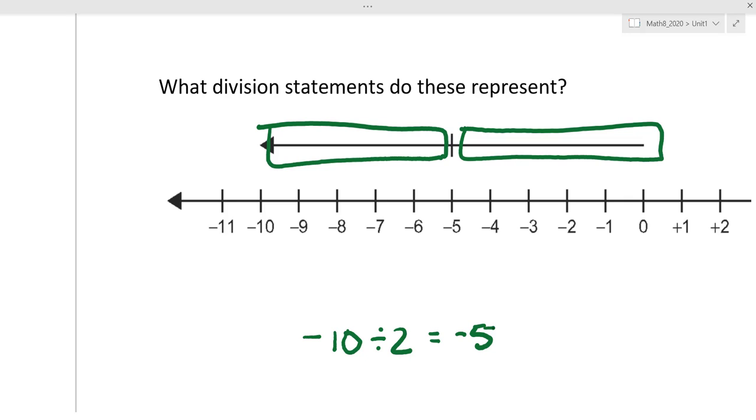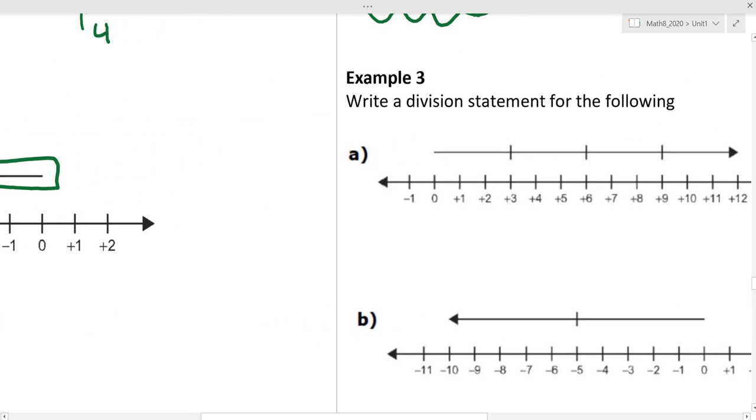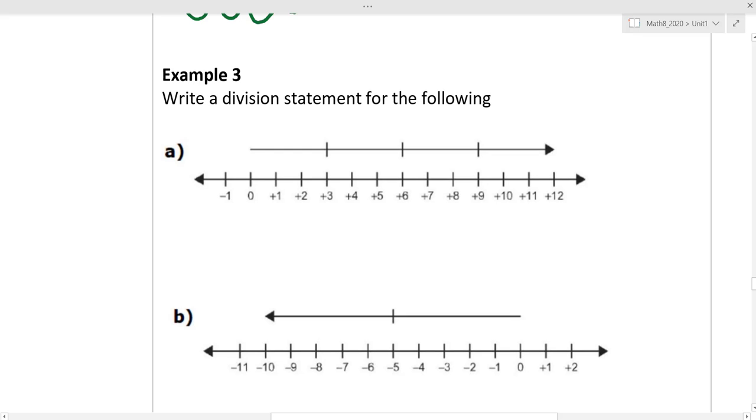And on example 3 over here, what would our division statement be? Where does the arrow point to? It's like 12. It points to 12, I heard Noah. Yeah. And 3 groups of 4, or 4 groups of 3. 1, 2, 3.